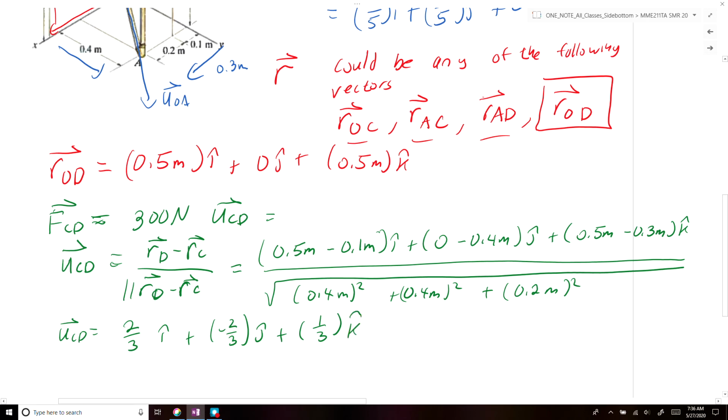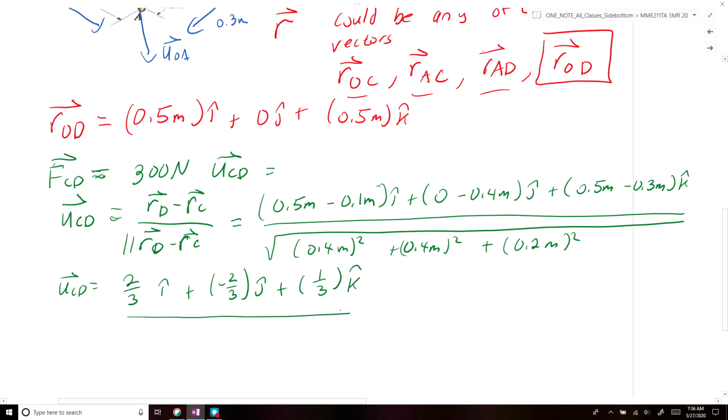And if we multiply U_CD by 300 newtons, we get F_CD, which is 200 newtons along the x direction, minus 200 newtons along the y direction, plus 100 newtons along the z direction.